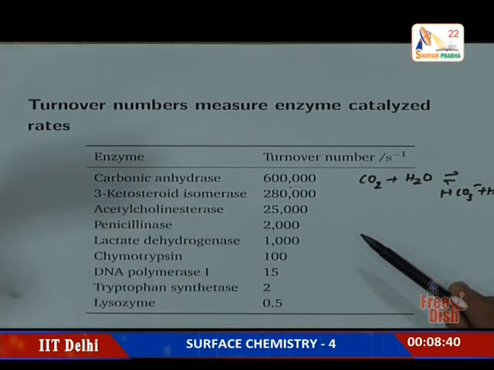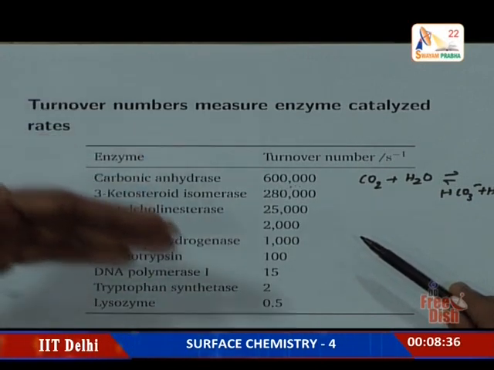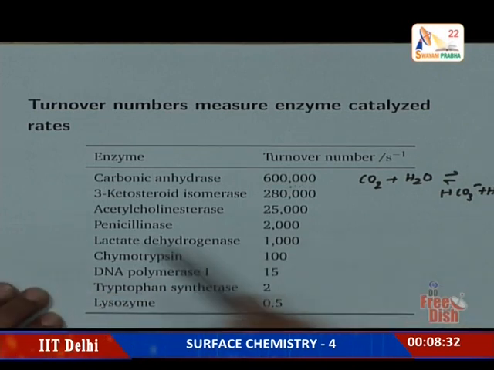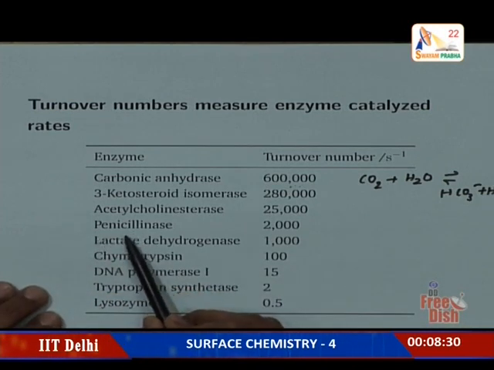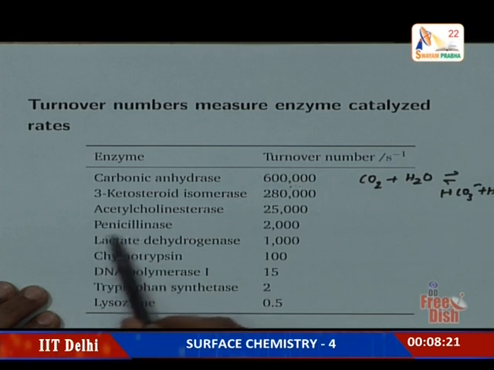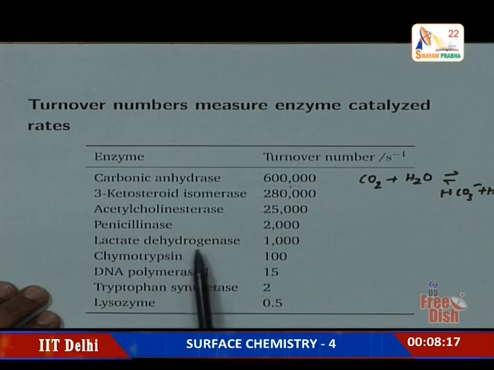Our whole natural system, our body for example, completely works with enzyme catalyzed reactions. Penicillinase, for example, is the enzyme that breaks down a penicillin antibiotic which is given to the body. Lactate dehydrogenase is what acts when you drink milk, for example.